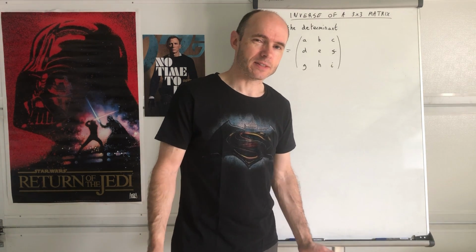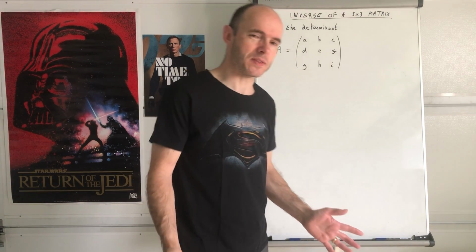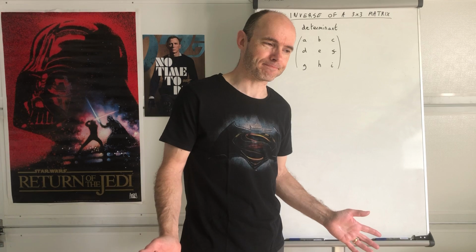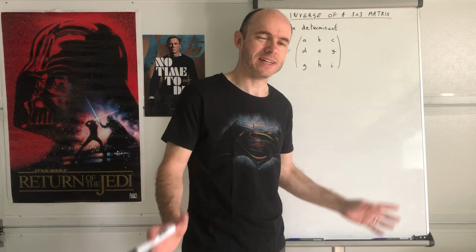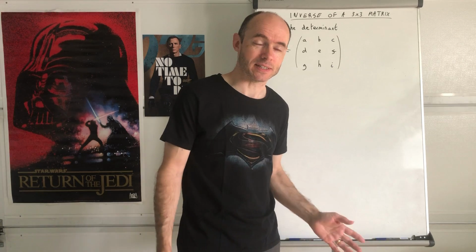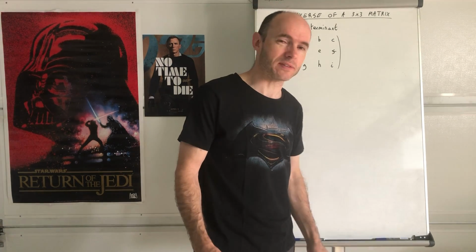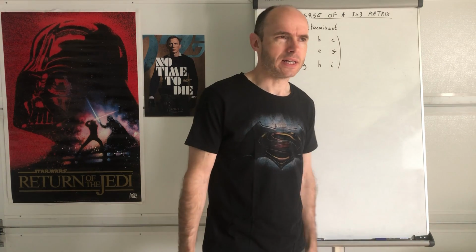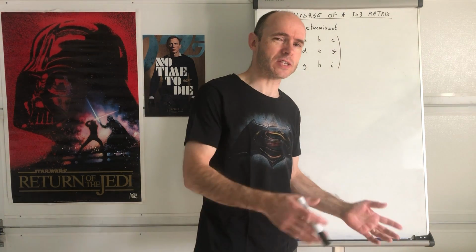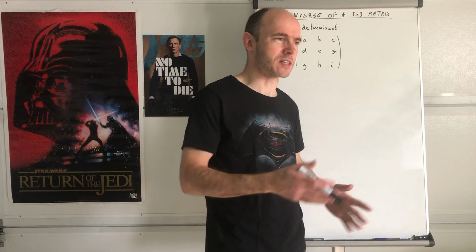Now, despite the fact that you need to be able to do it, the method is just nuts. It's crazy. I hate it, to be honest. Do I get up this morning and think, yes, I'm going to do 3 by 3 matrix inverses? No. When I go into a classroom about to teach the inverse of a 3 by 3 matrix, do I think this is going to be a great lesson?